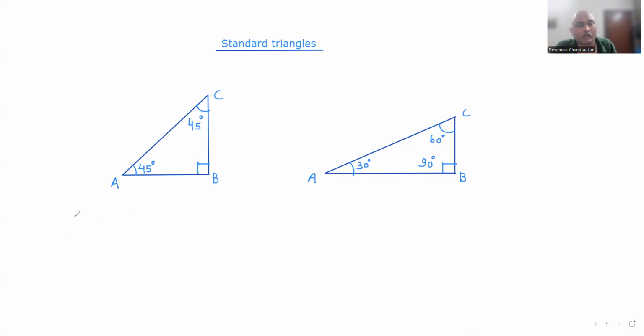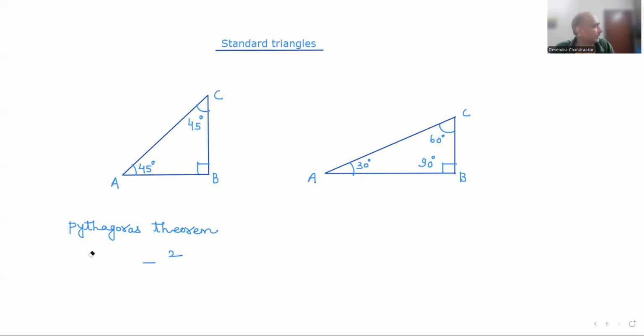All of you are aware of the Pythagoras theorem? Yes, sir. Very good. The Pythagoras theorem says the sum of the squares of the sides of a right angle triangle is equal to the square of its hypotenuse.